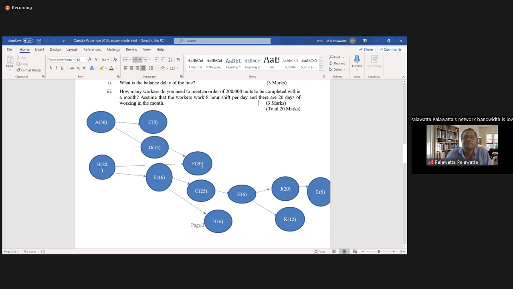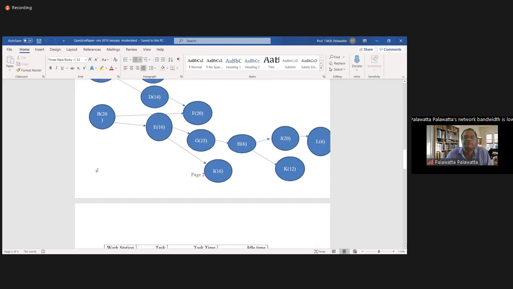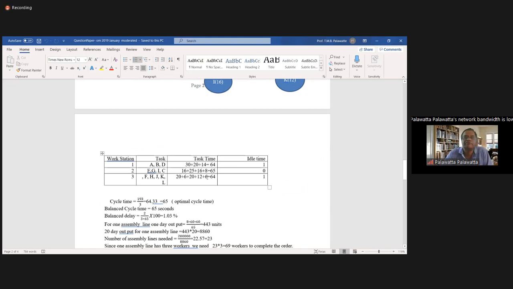So then 20 plus H, 6, 26 plus J, 20, that means 46 plus 12, 58 plus 6, 64. So the third workstation is F, H, J, K, L. So that is 64. So F, H, J, K, L, 20 plus 6 plus 20 plus 12 plus 6, then 64.